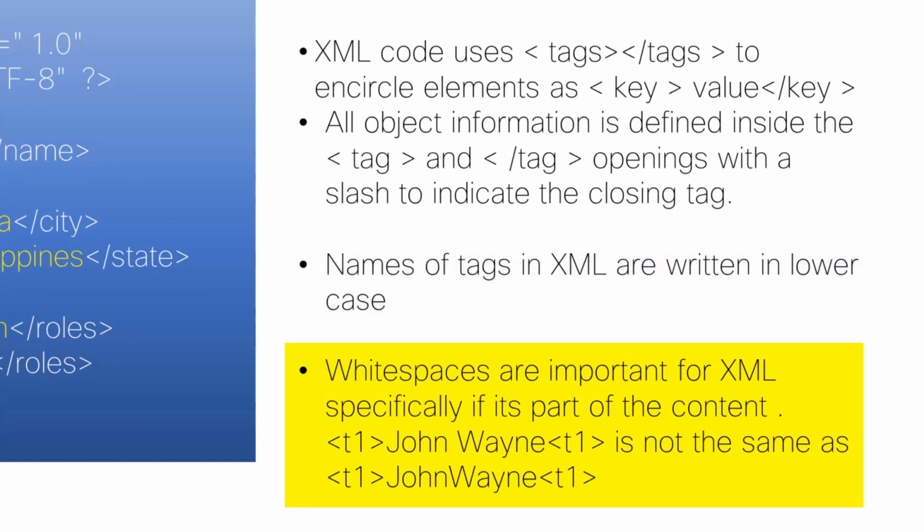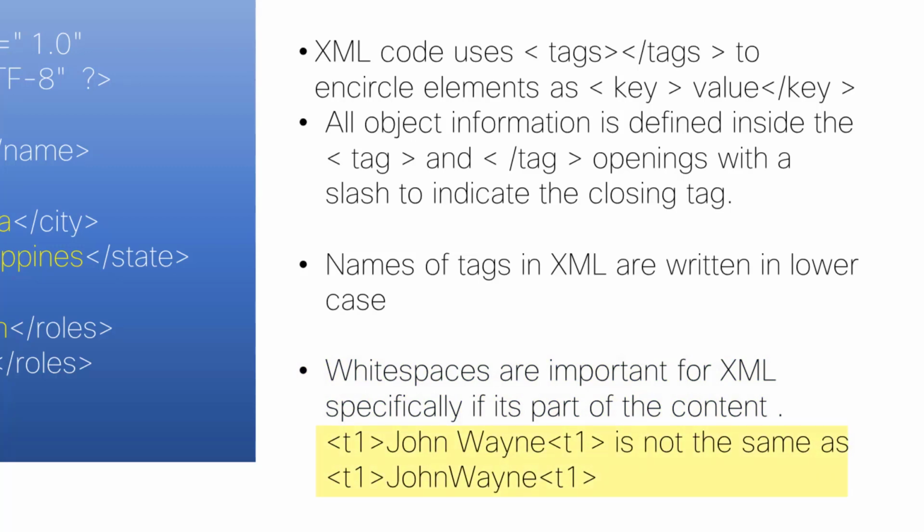White spaces can be quite important in some formats, or they don't have any meaning in others. XML is a combination of both of them. Significant white spaces are part of the content of the document and are always preserved. A good example is the white spaces inside the value or the opening and closing tags. For example, you have an opening tag T1, then you have John Wayne inside it, then a /T1 as the closing tag.